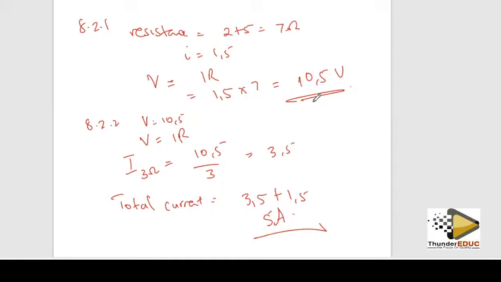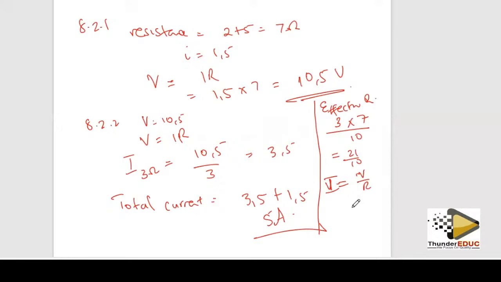And as much as someone finds the effective resistance within the parallel combination of 3 and 7, remember it's the product over the sum, which will be 21 over 10. The voltage is still the same, so the current is going to be voltage over resistance, which is 10.5 divided by 21 over 10.